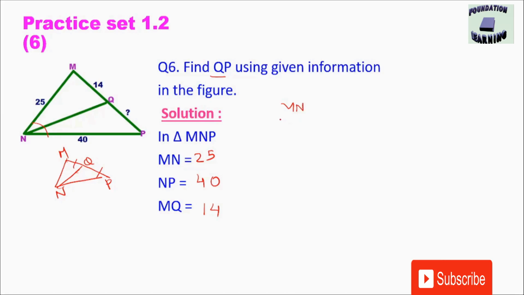MN is to NP will be equal to MQ is to QP. MN is 25, NP is 40, MQ is 14, QP we don't know.